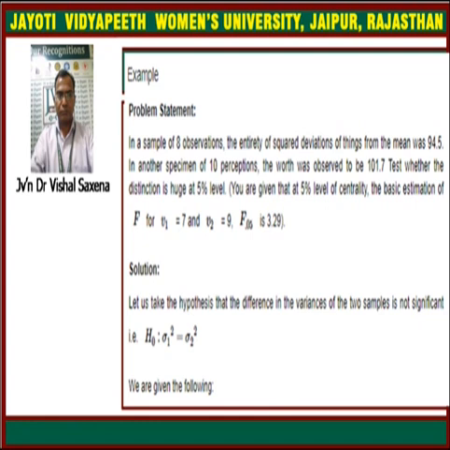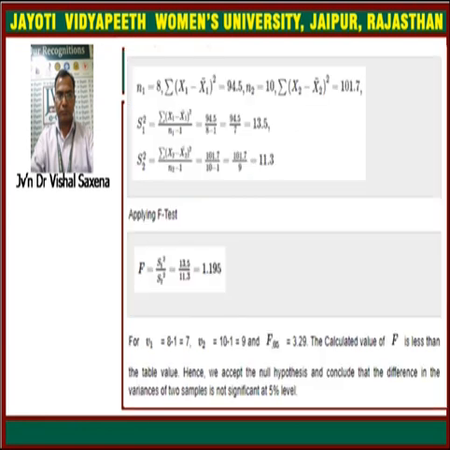Solution. Let us take the hypothesis that the difference in the variance of the two samples is not significant, that is H0: sigma 1 square equal to sigma 2 square. We are given the following. N1 is equal to 8, summation (x1 minus x1 bar) whole square equal to 94.5. N2 is equal to 10 and summation (x2 minus x2 bar) whole square is equal to 101.7.